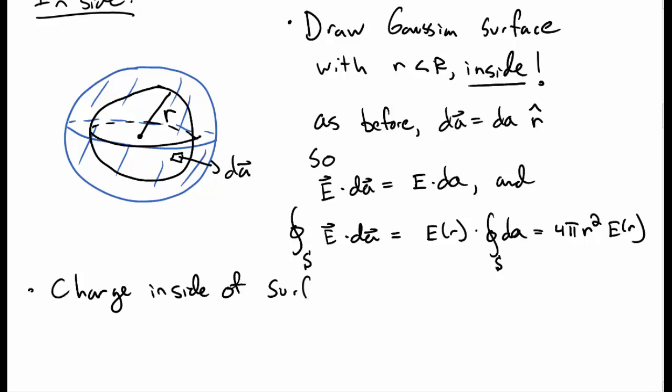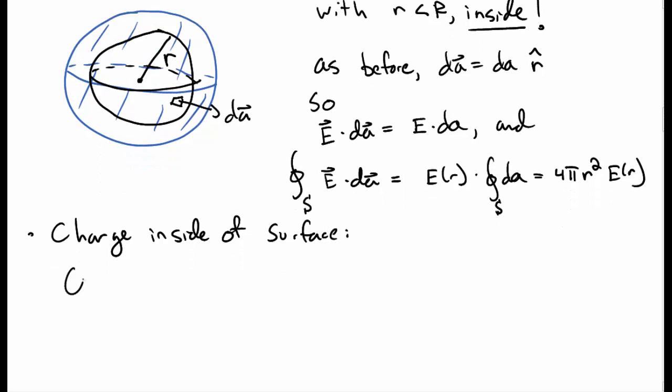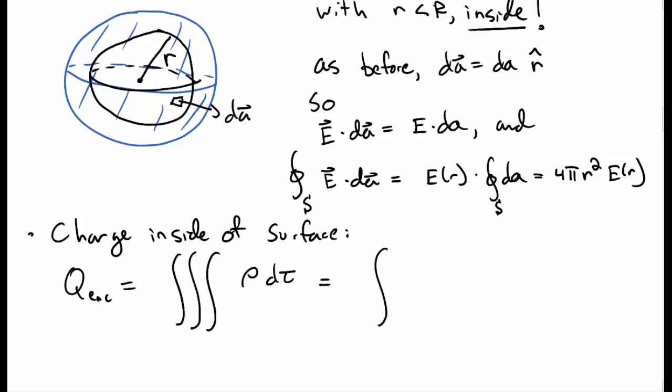So now we need to calculate the charge inside of our surface that we've drawn here. And so the Q enclosed is a triple integral of rho d tau. And so that's an integral writing in for d tau. So we have rho r squared dr sine theta d theta and d phi.